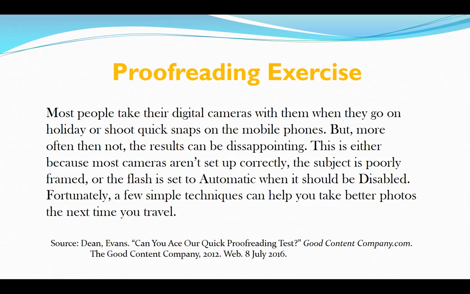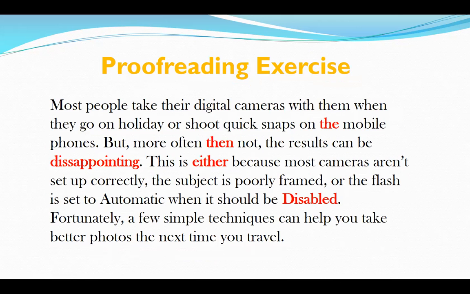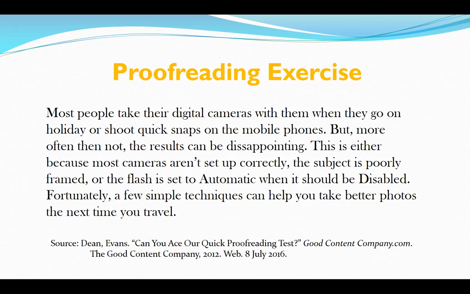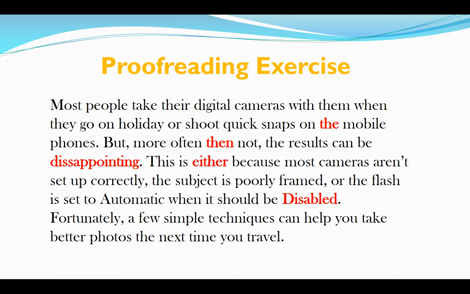Here's a spelling error. It should be DISAPP. This is either because cameras aren't set up correctly, the subject is poorly framed, or the flash is set to automatic when it should be disabled. This is not either. Either/or refers to just two things.